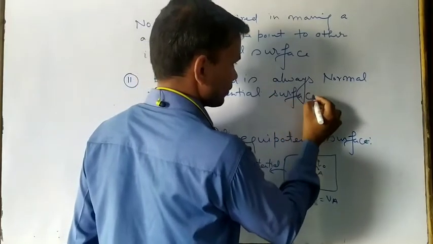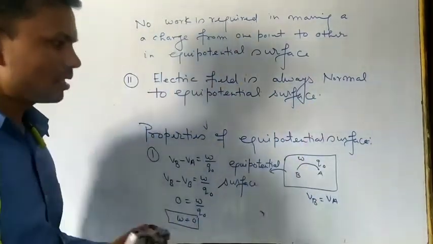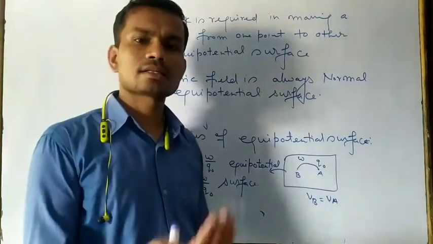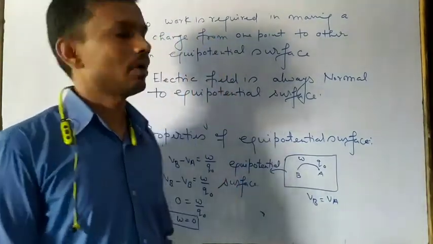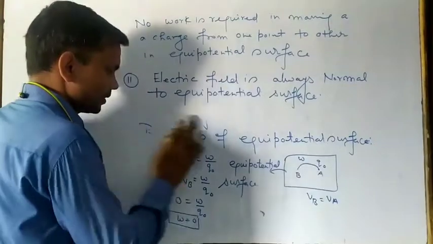This is the next one. It means if any equipotential surface is there, then the direction of electric field is always normal to that surface.